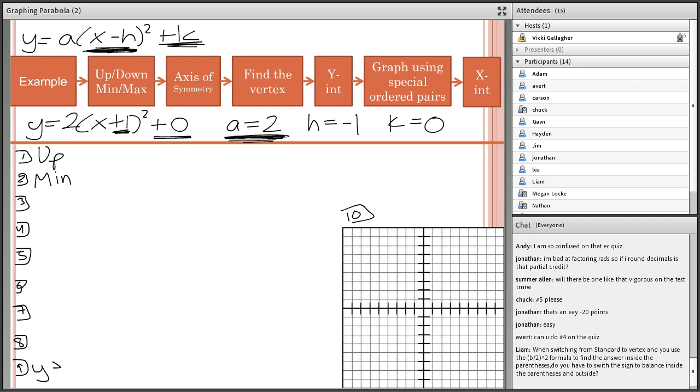My range is y is greater than or equal to. Those 3 are not full answers, the last one's not a full answer, but the 2.5 answers I got from the knowledge that A was positive. Also, right now I can write my domain because that is all real numbers every single time.